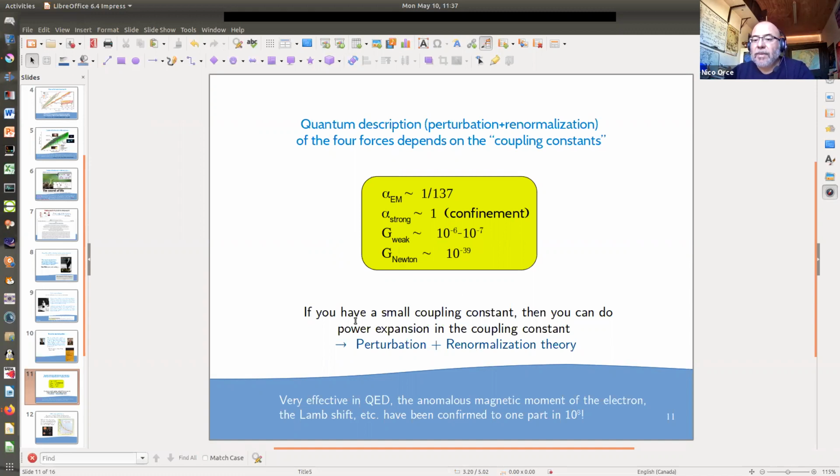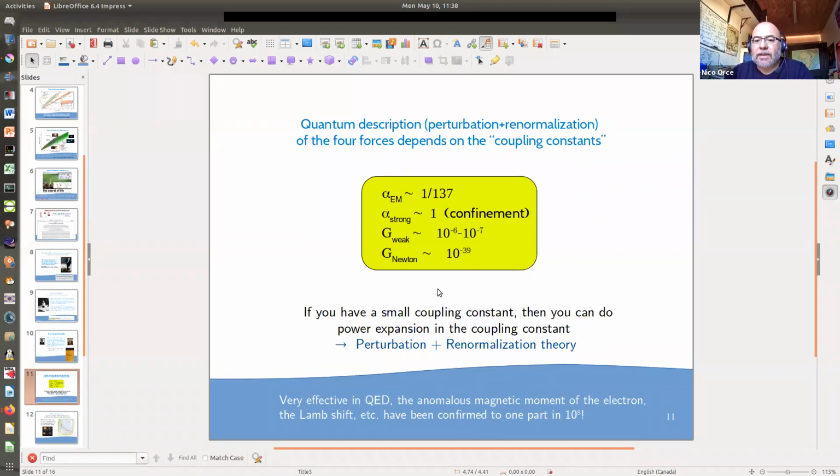So if you have a small coupling constant, then you can do this power expansion, this perturbation plus renormalization technique. But unfortunately, in our case, you cannot do it without paying for it. So this is the case of nuclear physics, and this is why this is so difficult.